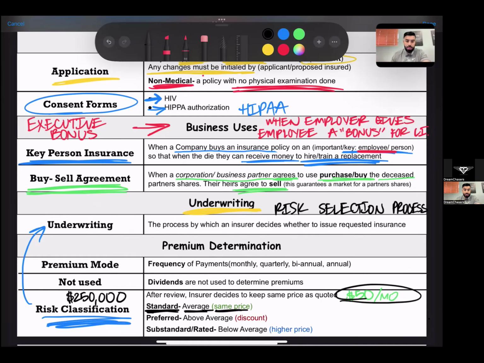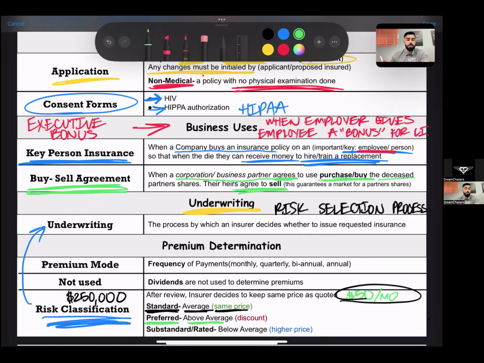Standard average risk is where the majority of people fall. Okay, fall into that category. Standard average risk. So premium is going to stay the same, $50 a month. Now, let's say I do a blood and urine exam, and based on my blood and urine, Primerica says, well, we're going to classify him, or his risk is going to be preferred, a preferred risk, which means I am above average.